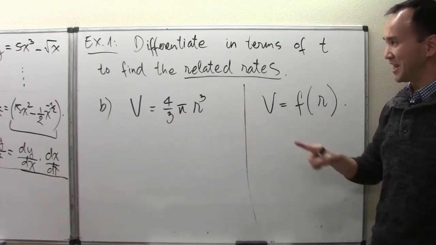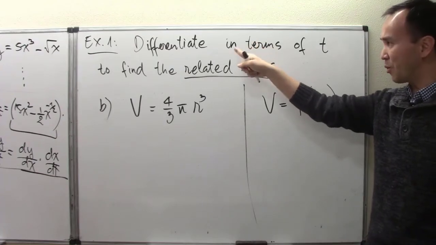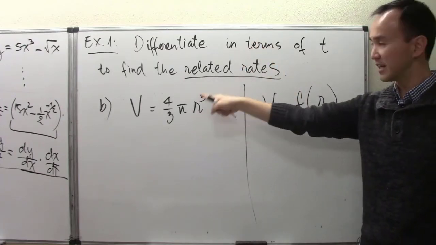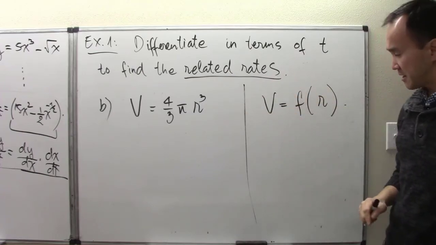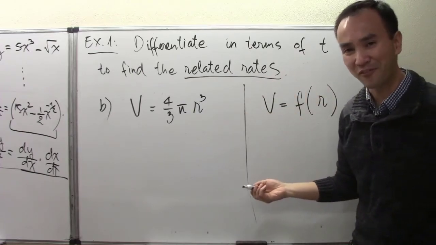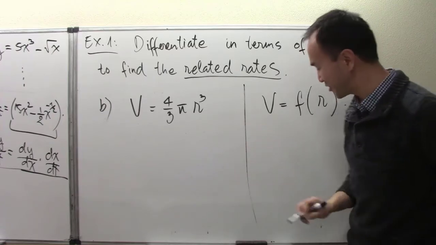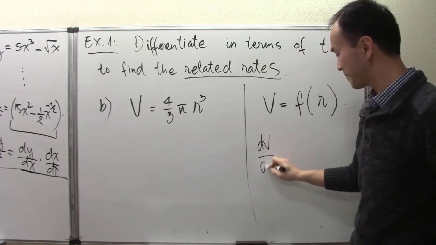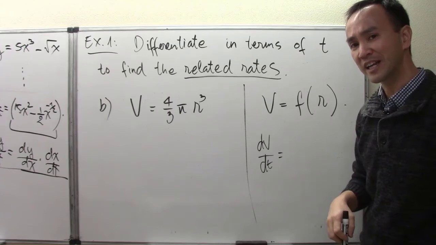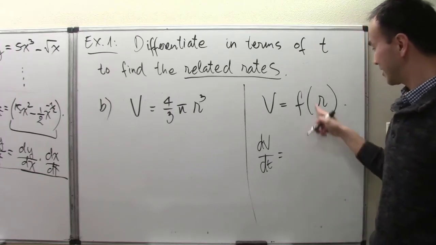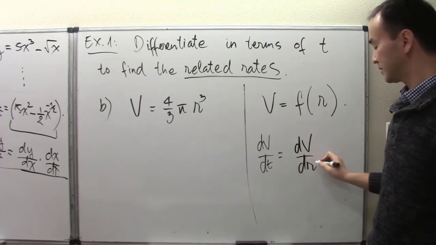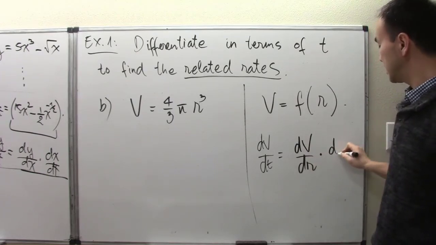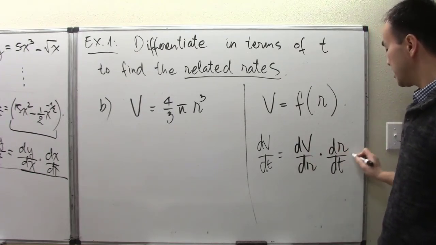Now we want to differentiate this equation in terms of t. That means we're differentiating this relationship in terms of t. According to what we have freshly picked up in this lecture, dV/dt we can simply treat as dV/dr multiplied by dr/dt.